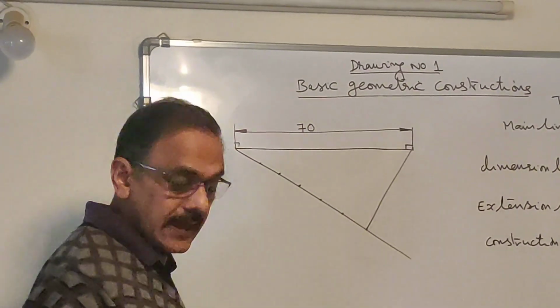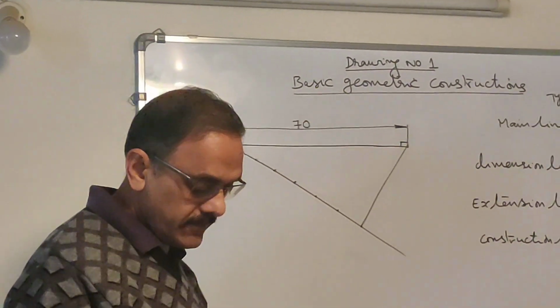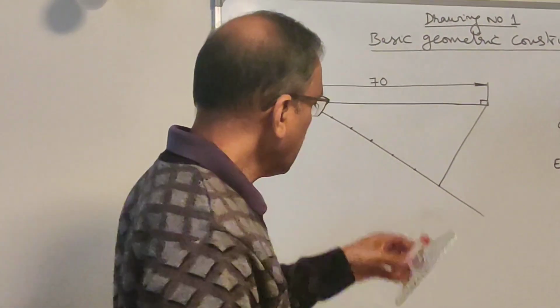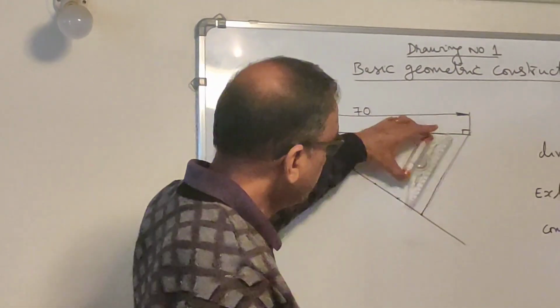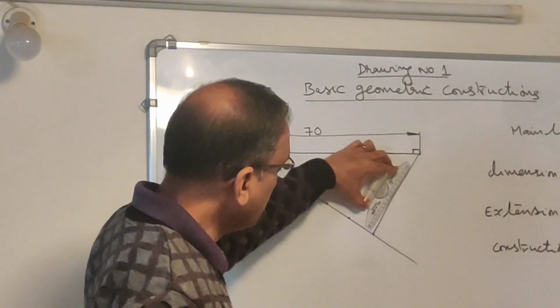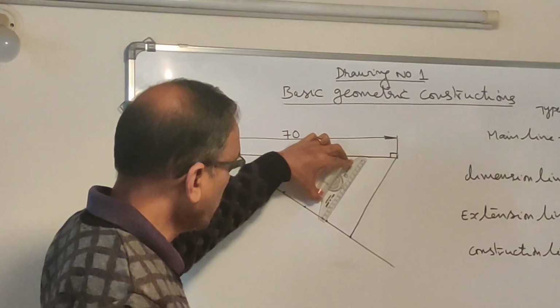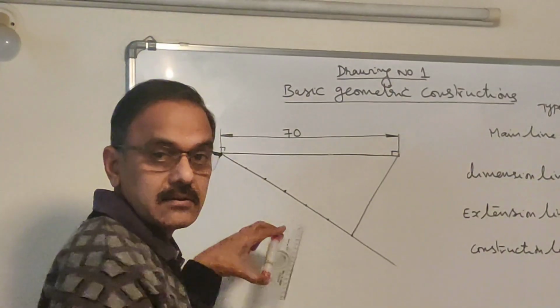Now once you get this line, use your rotoscale. Then align the rotoscale with this line and slightly roll it like this. Once you come to the next division point, just draw a line parallel to that. Okay.